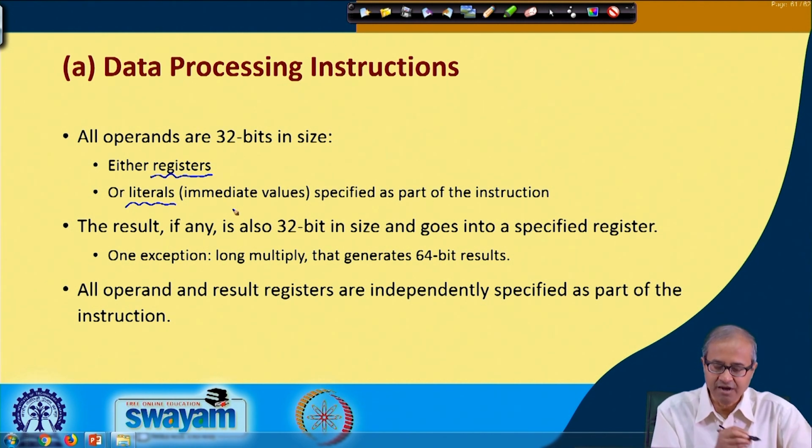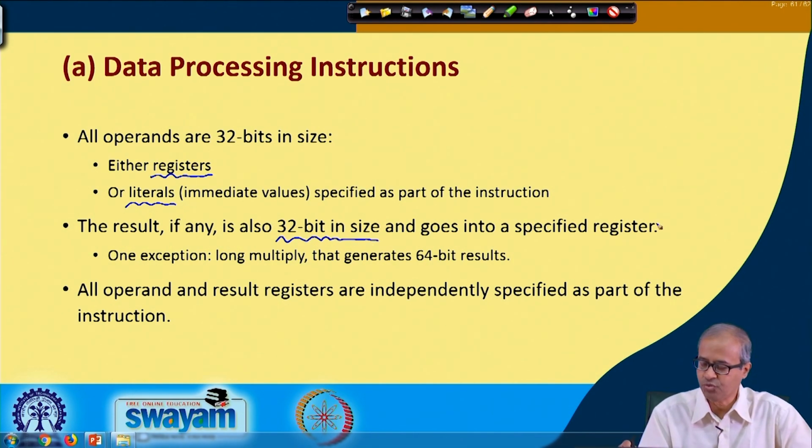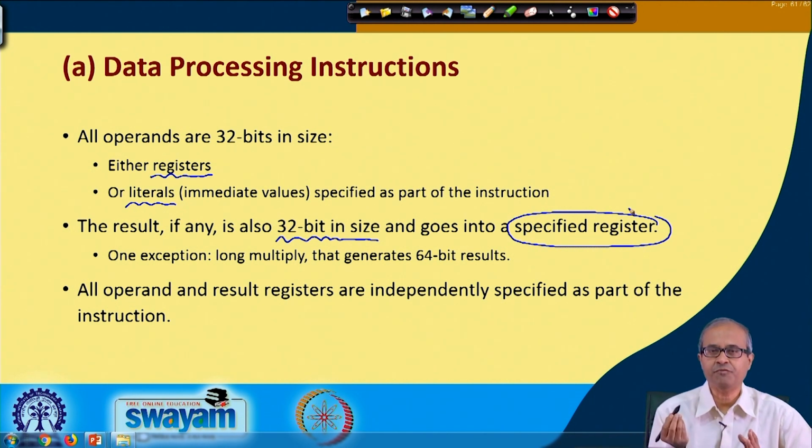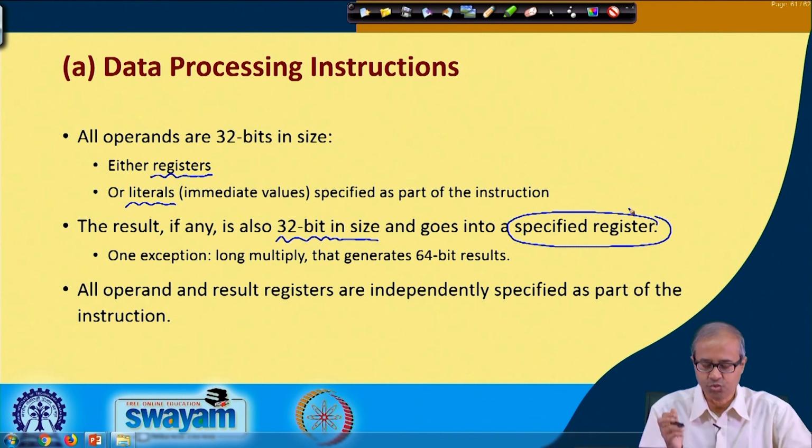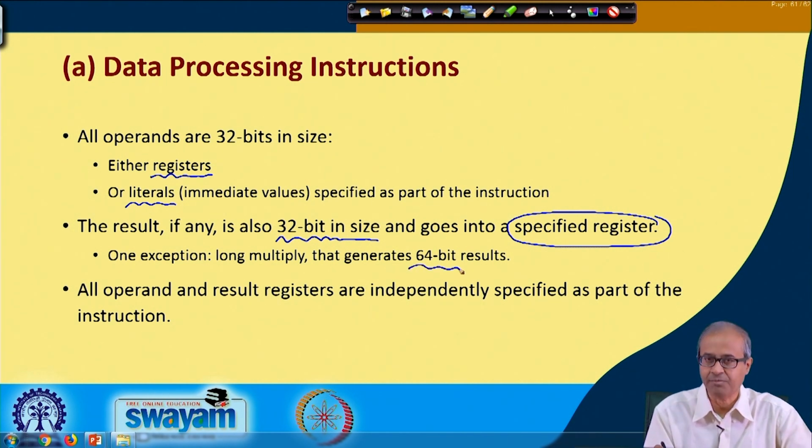And the result after the calculation is also a 32-bit result, and this will be stored in some particular register. There is of course one exception. There is a special multiply instruction where the result is stored as a 64-bit number.